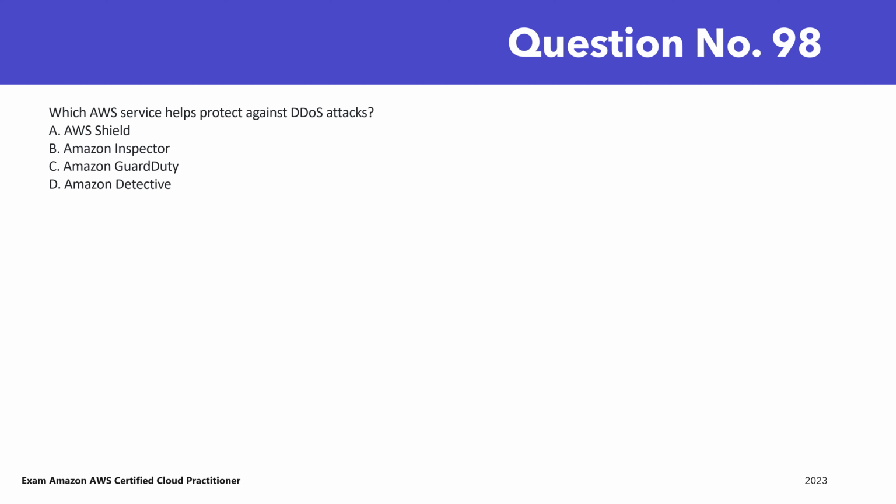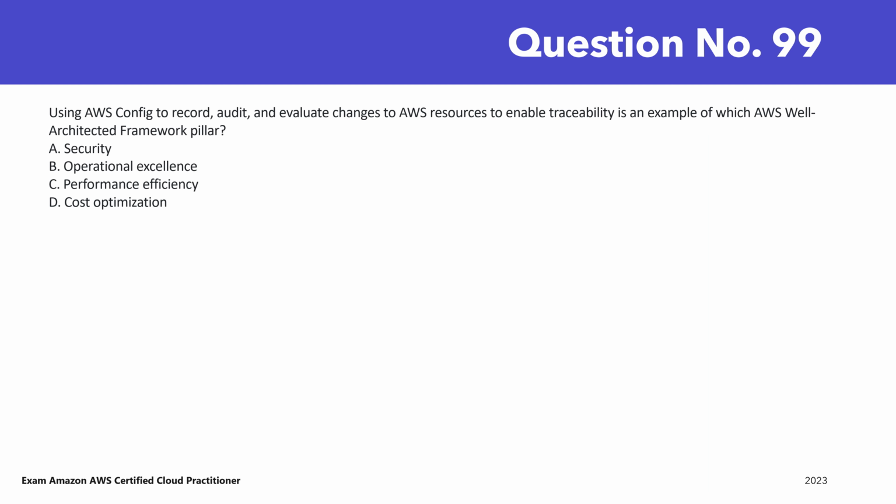Which AWS service helps protect against DDoS attacks? A. AWS Shield. B. Amazon Inspector. C. Amazon GuardDuty. D. Amazon Detective. Correct answer, A. Using AWS Config to record, audit, and evaluate changes to AWS resources to enable traceability is an example of which AWS Well-Architected Framework pillar?